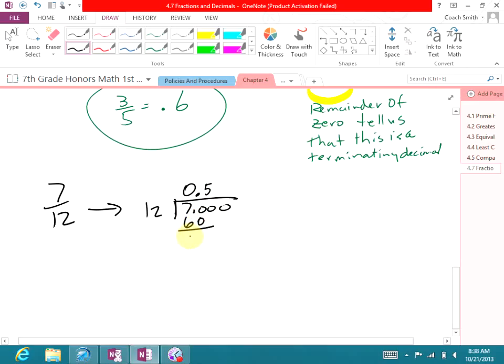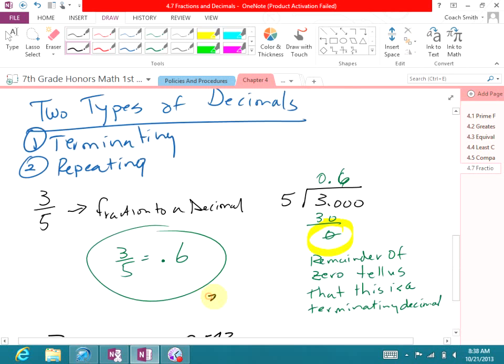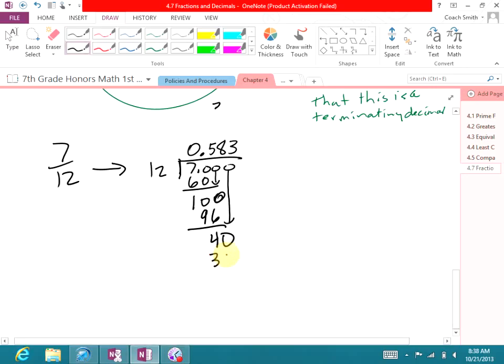Be 60, remainder 10, bring down your 0. 12 into 100. 12 goes into 100 how many times? 8 times. Be 96, remainder 4. Bring down a 0. 12 into 40, 3 times. Be 36, remainder 4. So it keeps repeating the remainder of 4.